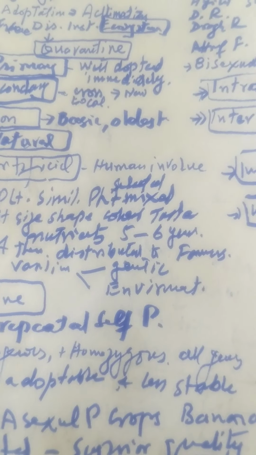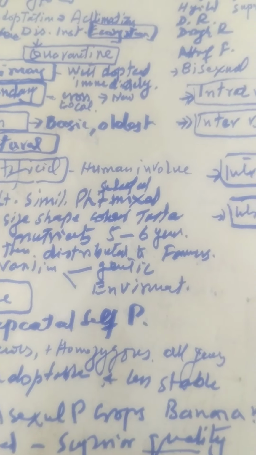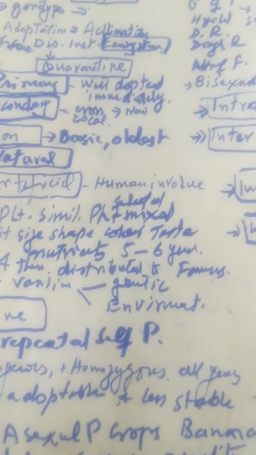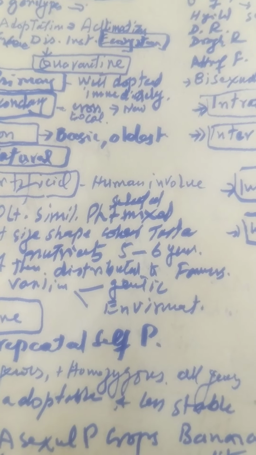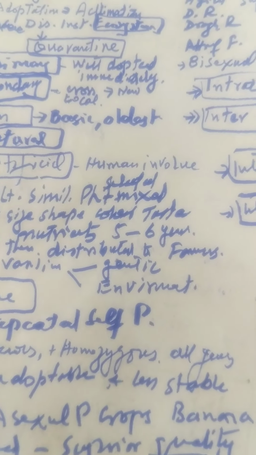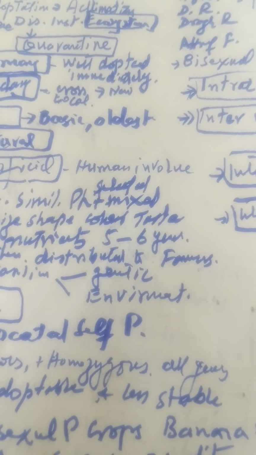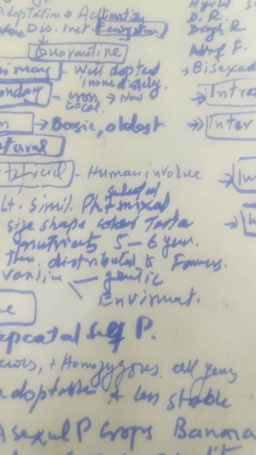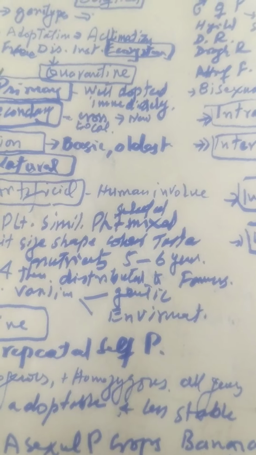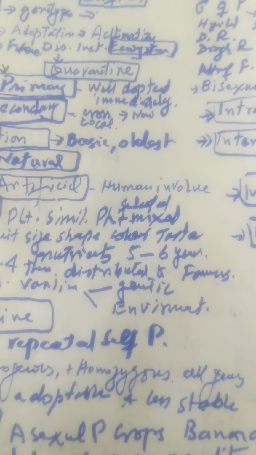In mass selection, the plants are selected on the basis of their phenotype, like fruit size, shape, color, etc. They are selected and then multiplied. Next year again they are selected and mixed.